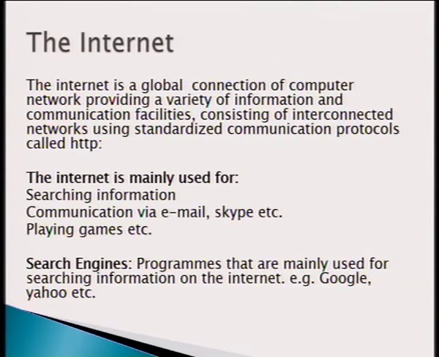Say for instance Google, Yahoo, Bing, and so on. These are websites that are created mainly for one to search for information. They are not content-based, but rather search websites.